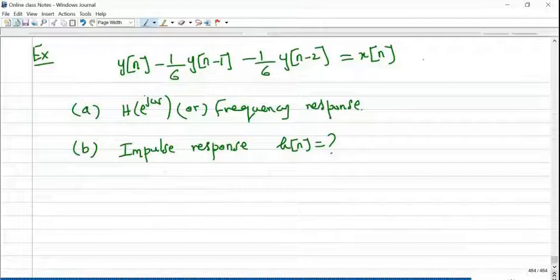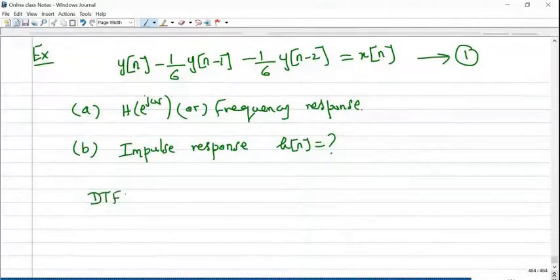Let's consider the given difference equation as equation number 1. Find the DTFT of equation number 1.